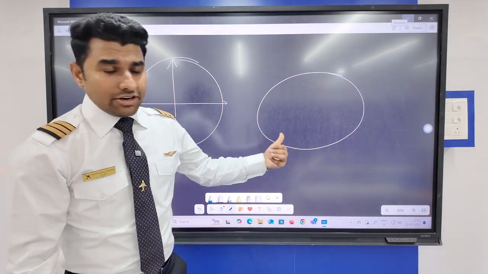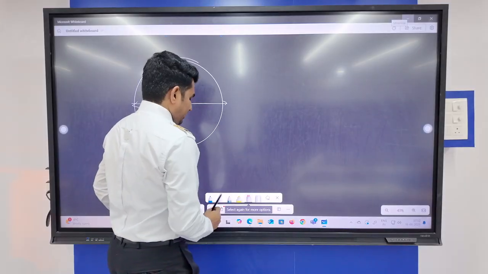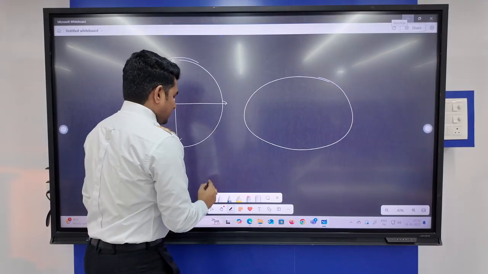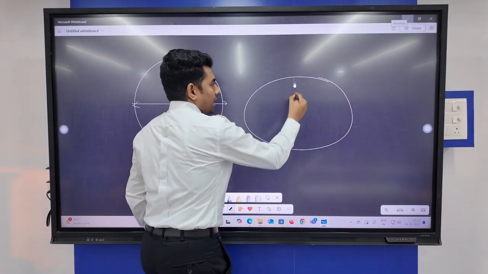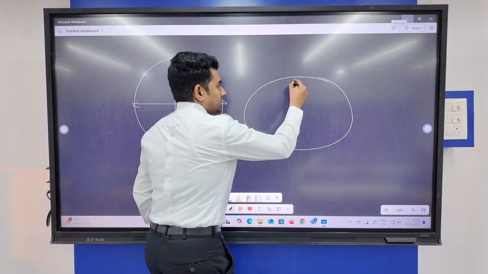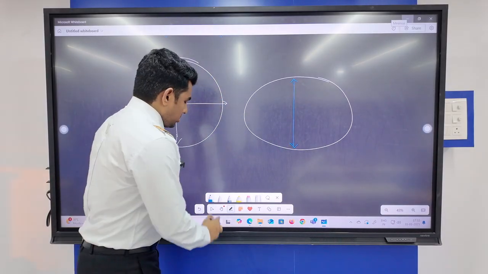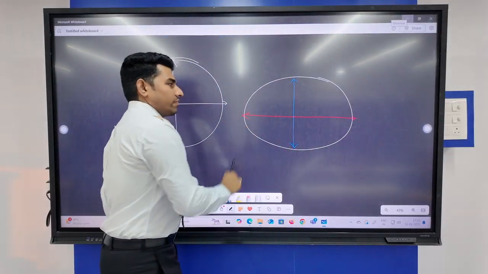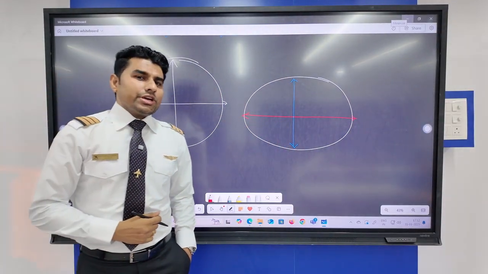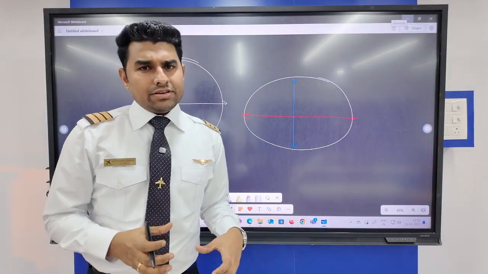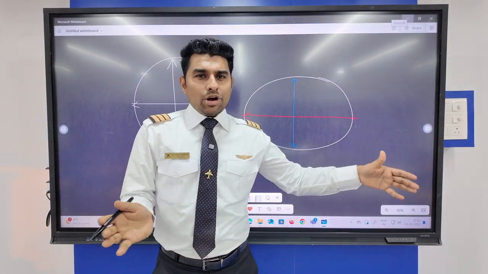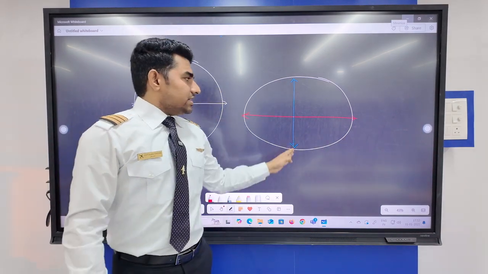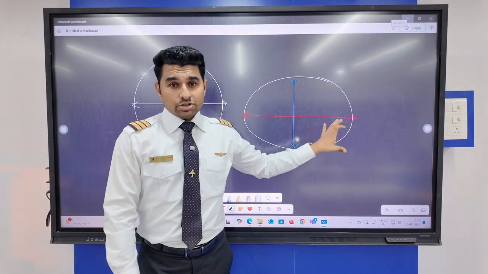But if you consider the oblate spheroid, the diameters won't be the same. What I mean to say is, if I consider one axis connecting poles to poles, and another axis connecting equator to equator, obviously which axis is going to be longer in length? It is nothing but the equatorial axis. And the axis that is connecting the poles is obviously shorter.